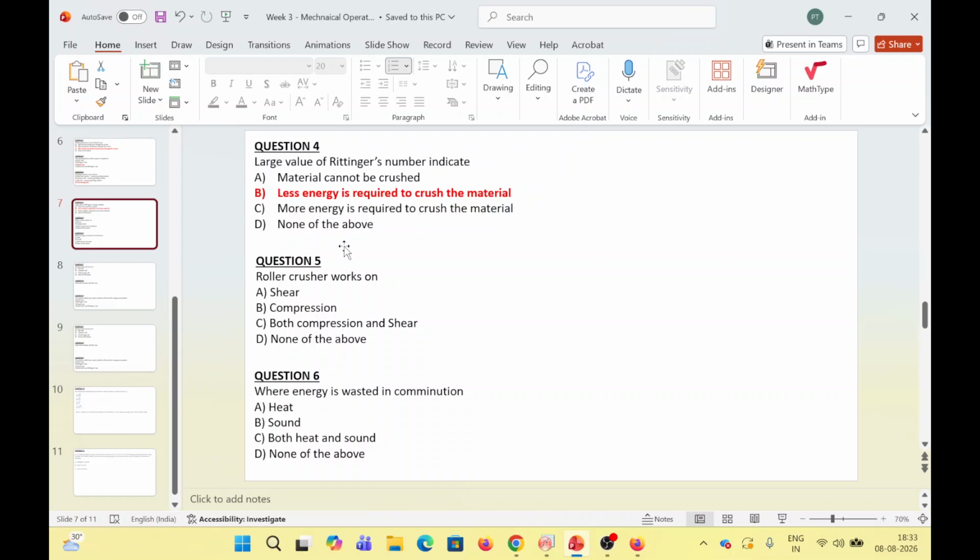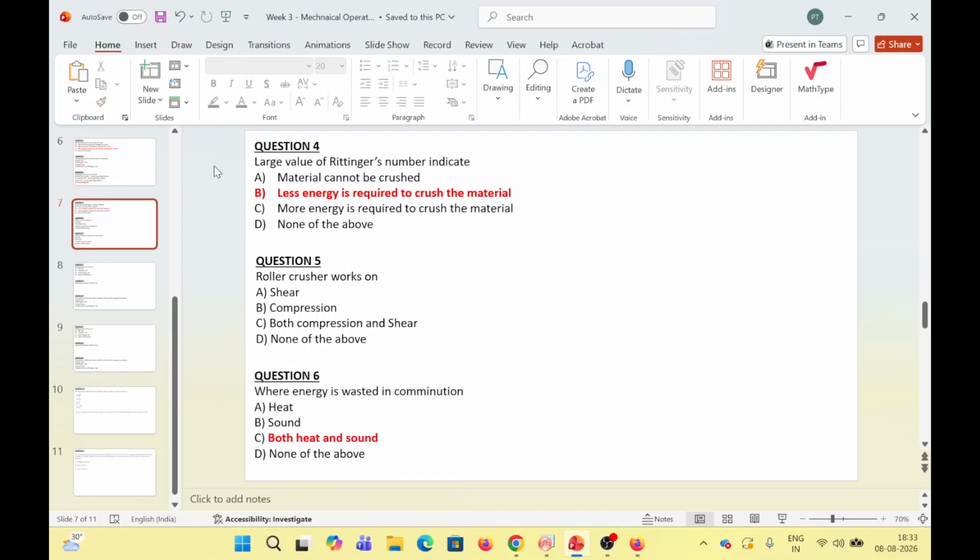Where is that energy actually getting wasted in the comminution process? It's going to be both heat and sound, right? Yes, correct. Because we saw in the case of rotating equipment that both heat as well as sound are produced, and that energy is wasted.